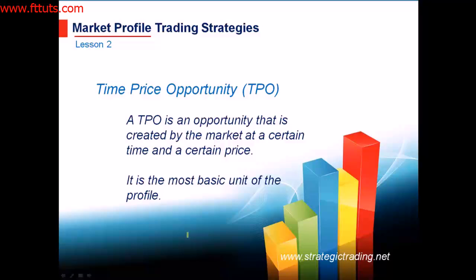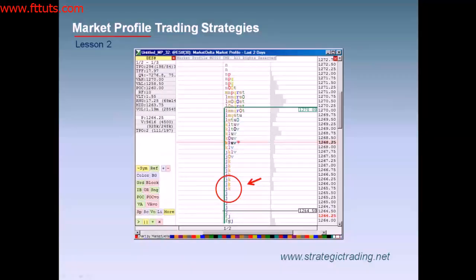So let me review again. A TPO is the most basic unit of the profile. It is simply a point in time where the market hits a specific price at that point in time. No transactions necessary, no volume, nothing. Just a point in time when the market hits a price. So here I identify for you several TPOs in the circle.